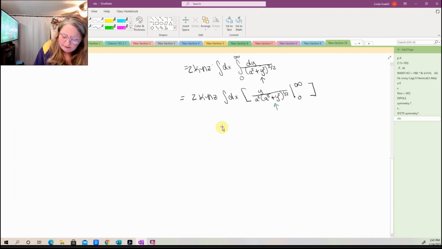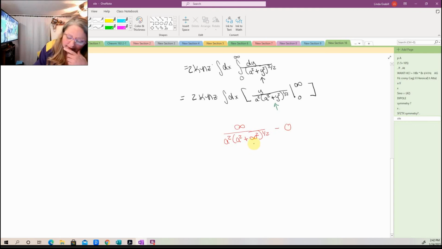If I evaluated infinity, I'm going to have infinity over a squared times a squared plus infinity squared to the 1/2. The lower limit, that's not so bad because I'm plugging in 0 to y, so that's just going to be minus 0. So this is the thing that we need to focus on.